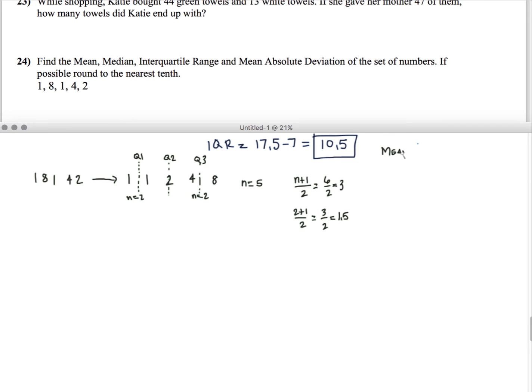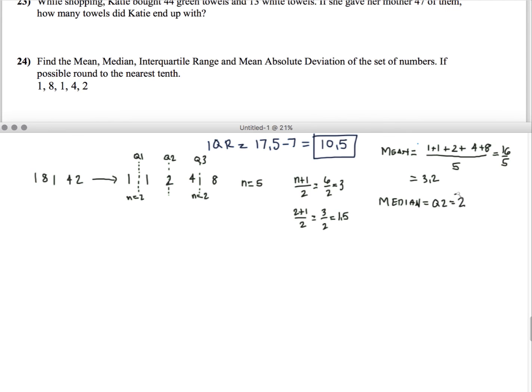Okay, so far we have the mean, which is 1 plus 1 plus 2 plus 4 plus 8 over 5. And that's 16 over 5, and that's going to be about 3.2. Now, the median, well, that's just the second quartile.